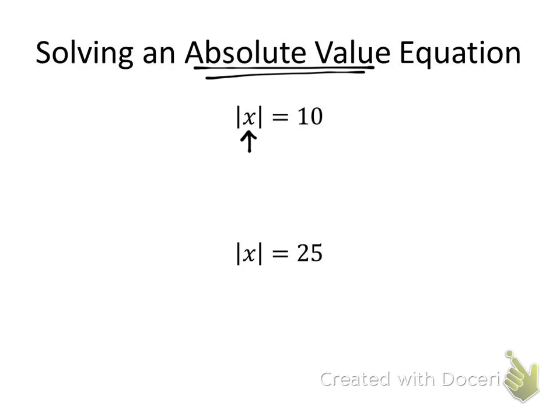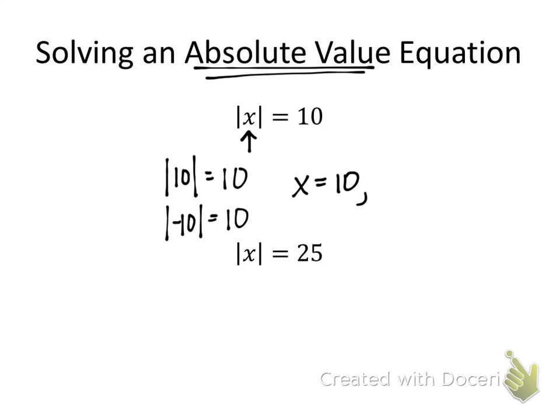Because I can plug in a 10 for x and say the absolute value of 10 is 10. But I could also say the absolute value of negative 10 is also 10. And so I'm always going to have two answers for x. So I know that x can equal positive 10 and negative 10.